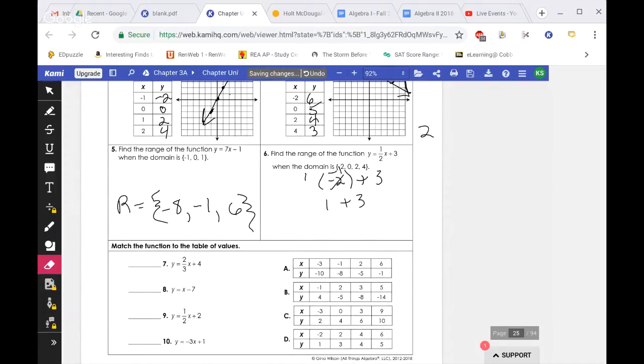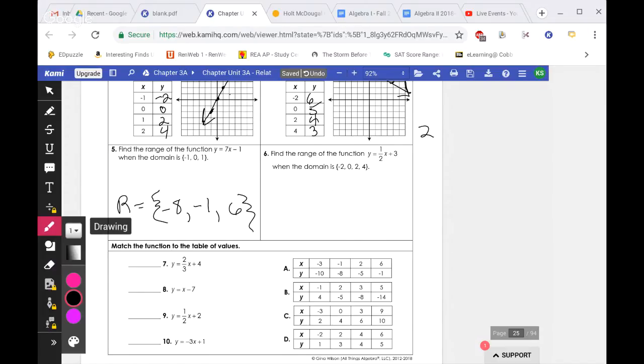One of the other things, it worked out good for me on number 5, but typically, when you're stating a domain and range, you want them to be in ascending order, meaning going from least to greatest, and you don't want to put repeats in there. I just want to drive that point home. Wasn't very strict about it on quiz 1, but going forward, we really need to do that.